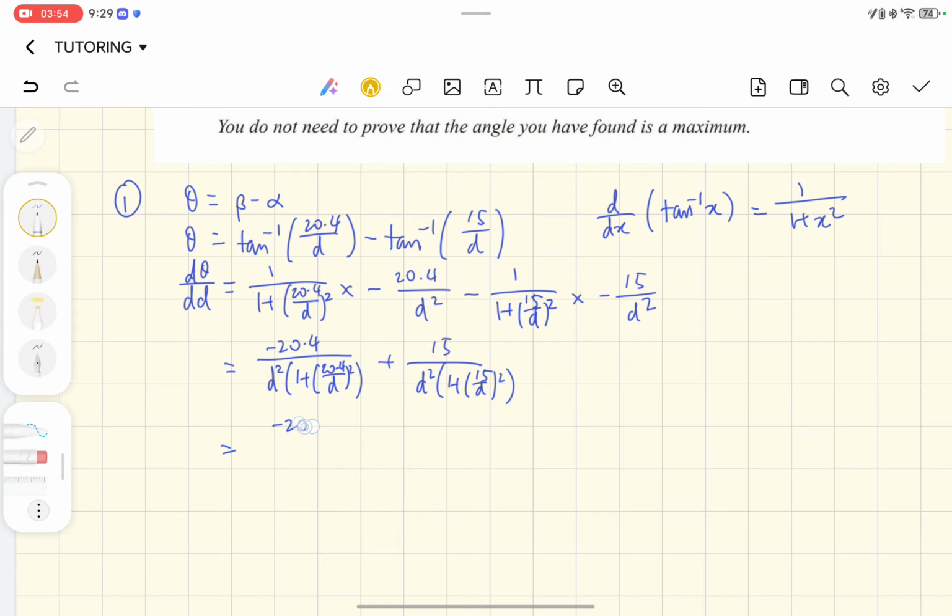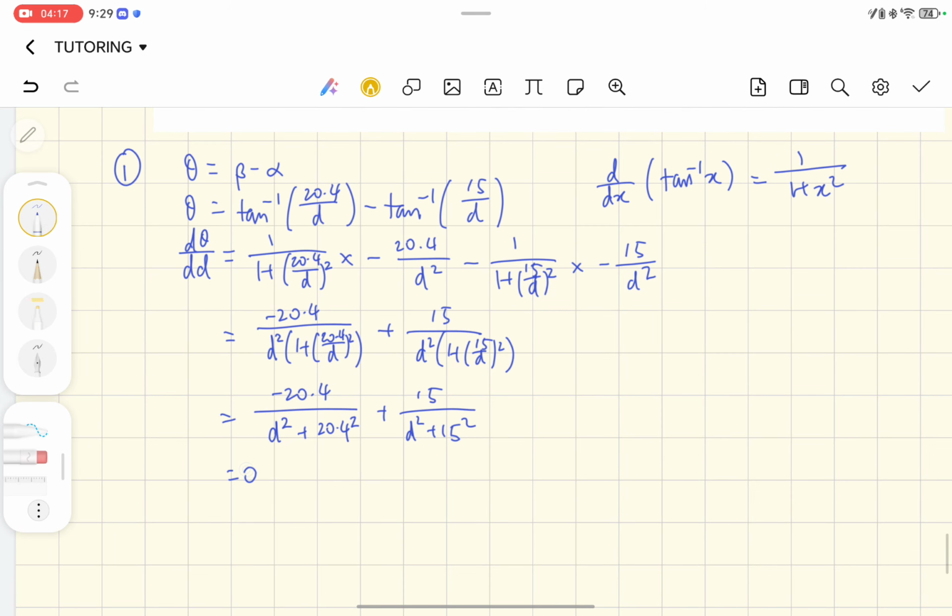This is going to be 1 times d squared, which is d squared, and if we expand this bracket, it becomes 20.4 squared over d squared, and multiplying by the d squared outside the bracket leaves us with 20.4 squared. And the same thing for 15 squared.